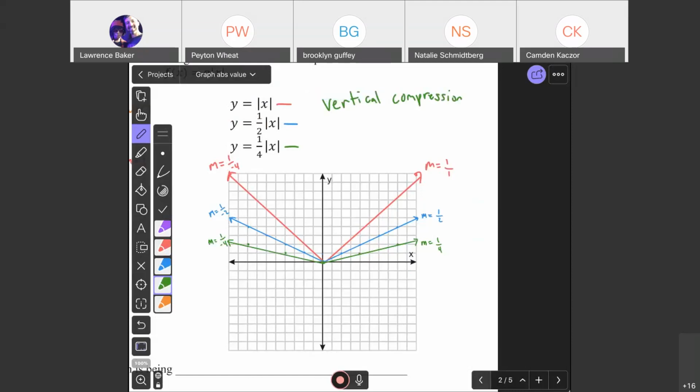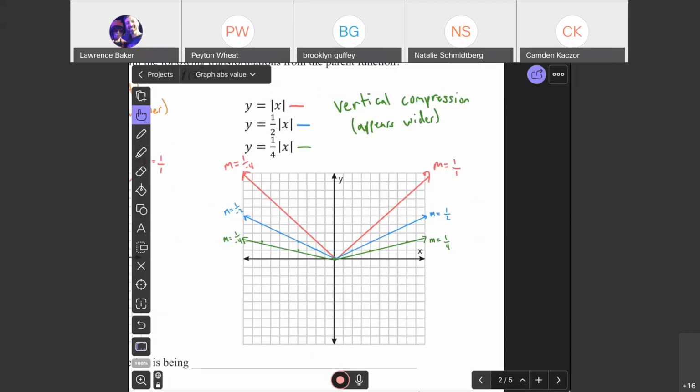It appears wider. Yeah, vertical compressions appear wider.